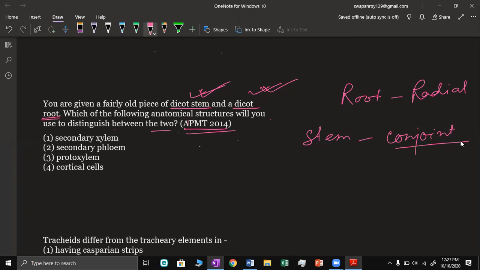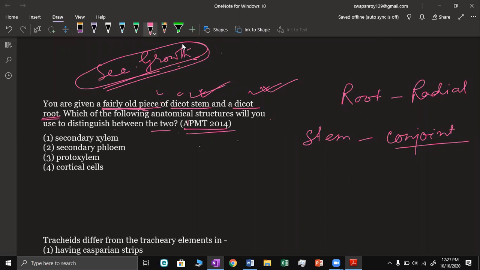But here it is a fairly old stem. In the fairly old dicot stem, secondary growth has taken place. So you cannot decide what type of vascular bundle it is.